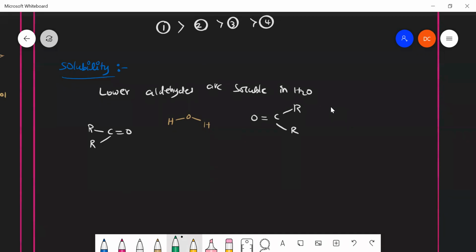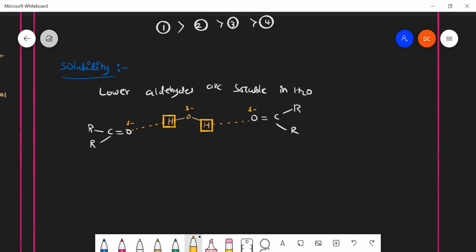Hydrogen bonding exists when hydrogen is placed between two highly electronegative atoms like oxygen. Here also oxygen, here also oxygen. When two ketones are in the mixture, there is no hydrogen bonding between them, but a ketone forms hydrogen bonding with water.